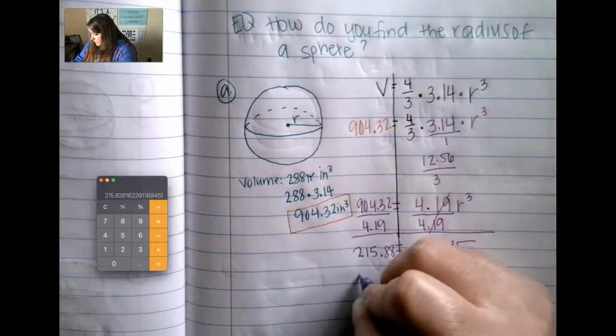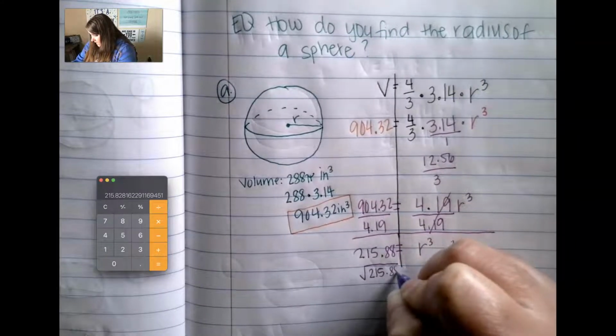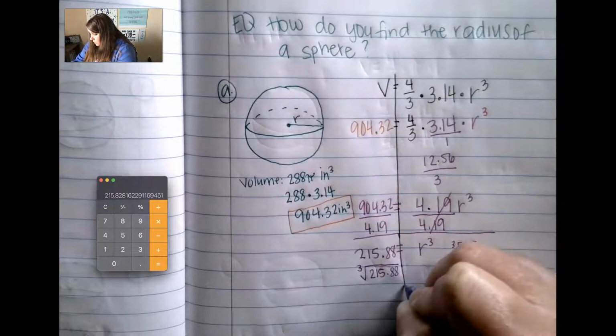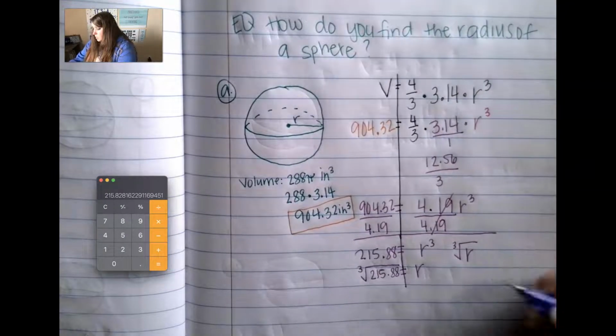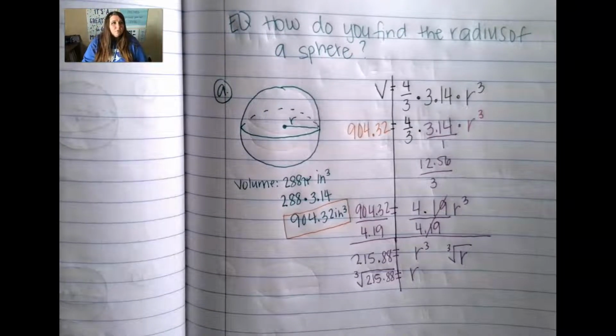So we're going to take 215.88 and find the cube root, and that is going to give us just one r by itself. So I'm going to move over to the Desmos calculator. And we'll go from there.